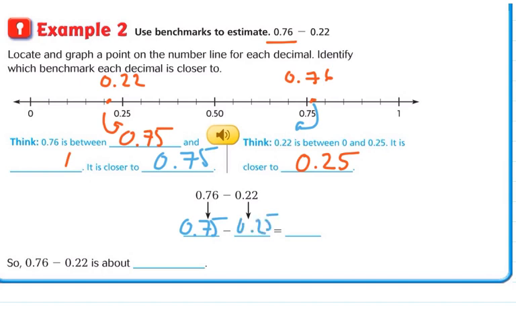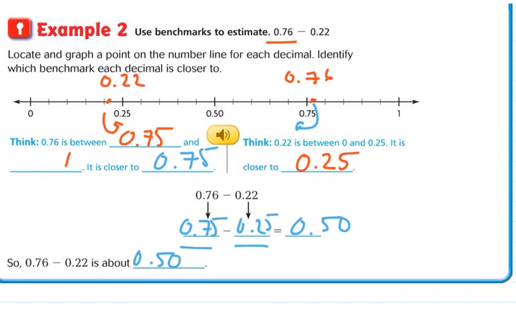And just think, you have 3 quarters, you subtract 1 quarter, you get 2 quarters, or 50 hundredths.